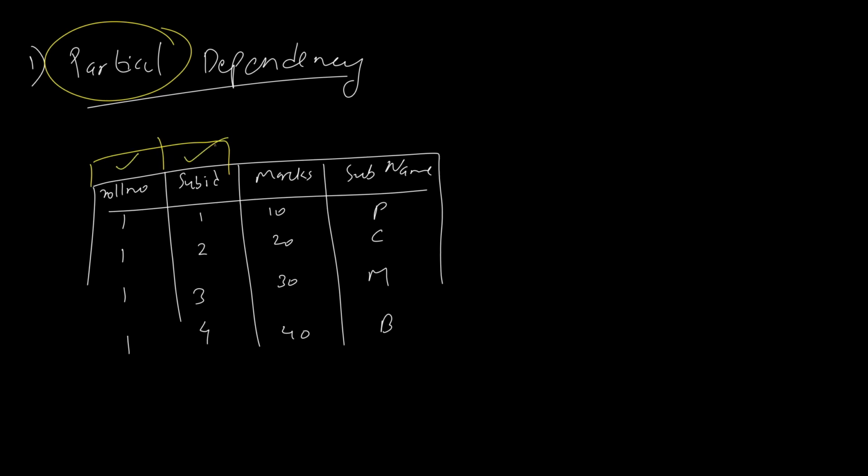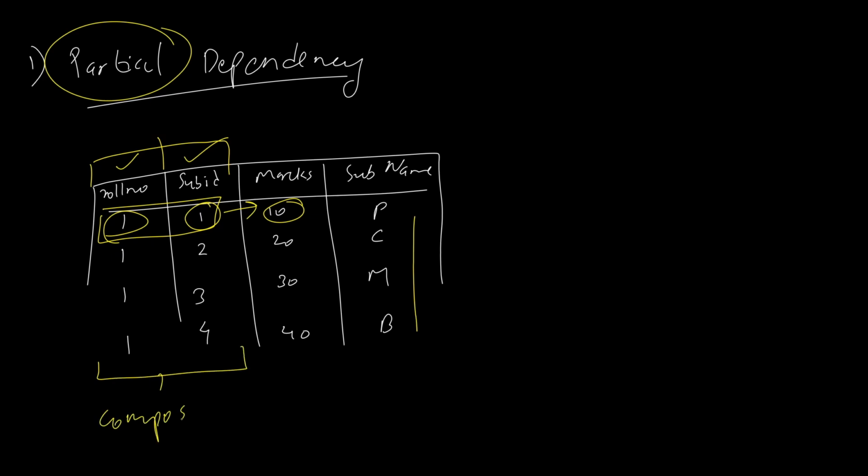So let's say that we have physics, chemistry, maths, and biology as subjects over here, and we want to find out the marks of the student with roll number 1 for subject physics, which has ID 1. Through this combination we can find the specific marks, right? This combination is called a composite key.